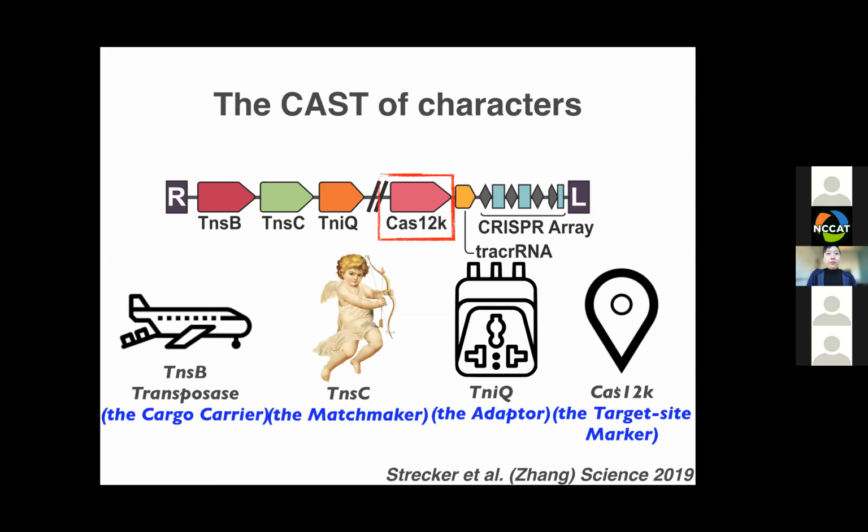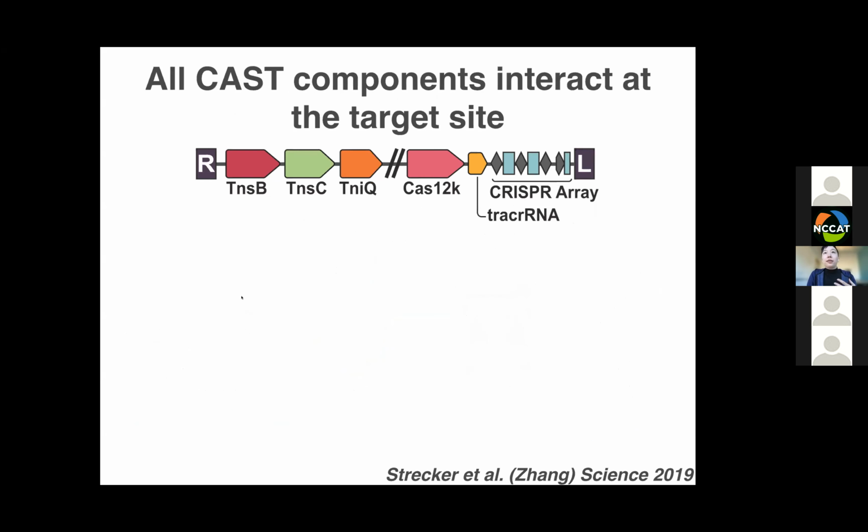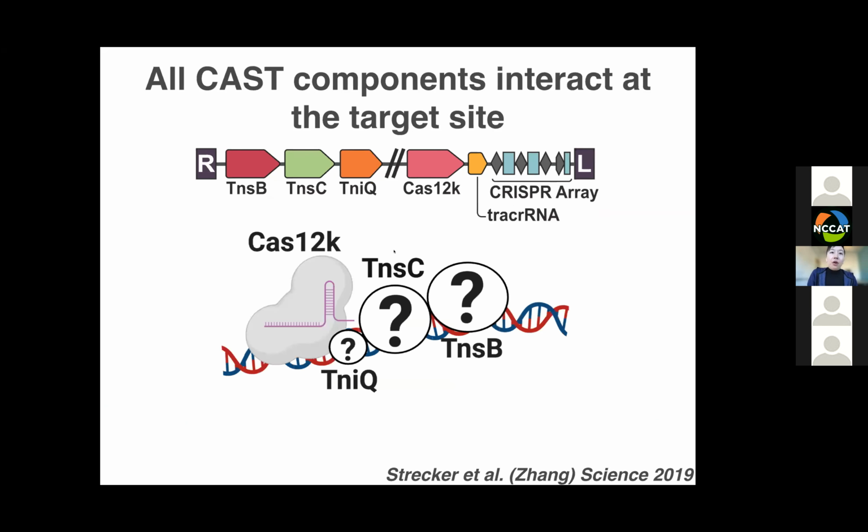Okay, so all of these components are required for transposition in this element. And because of a number of different reasons, we think that all of these components interact at the target site. So given all of these protein coding components, we think that they associate in a manner something like this.